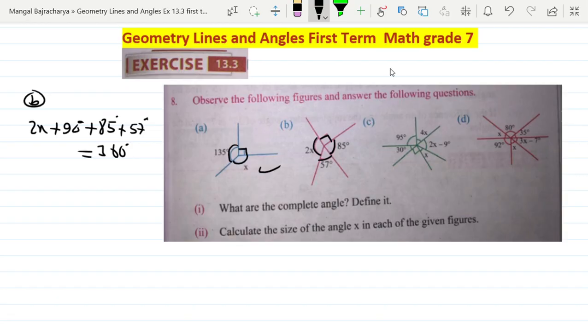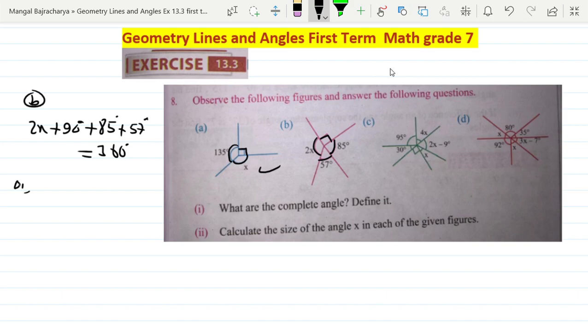And the reason you have to provide is that the complete turn measures 360 degree, or the sum of angles in the complete turn is always 360 degree. Any reason which is comfortable to you to define correctly, you can use it. Right?